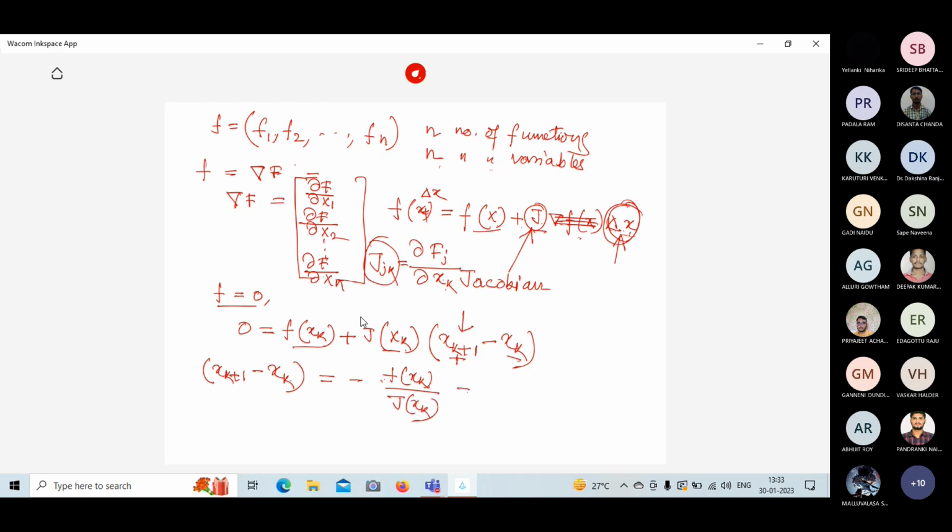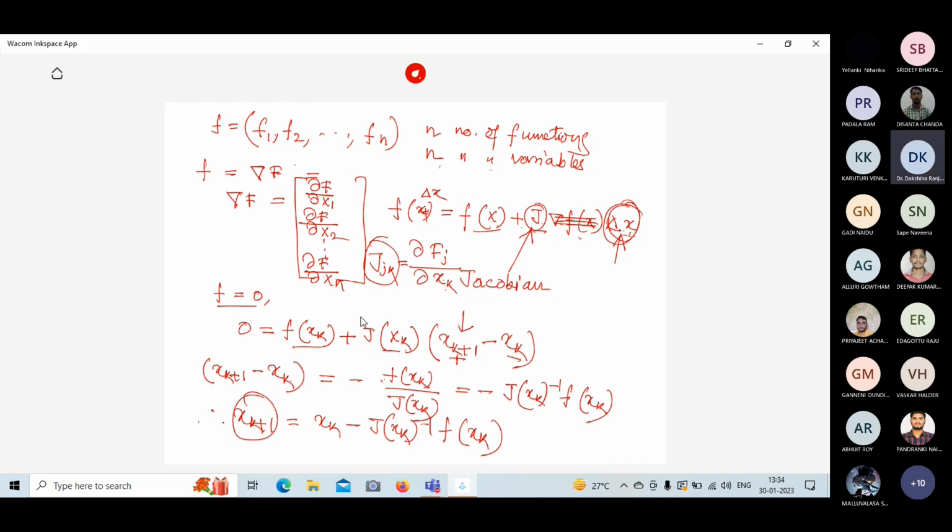So here we can write j xk inverse into f of xk. Therefore we get xk plus 1 equals xk minus j xk inverse, f of xk. So we get the next point.